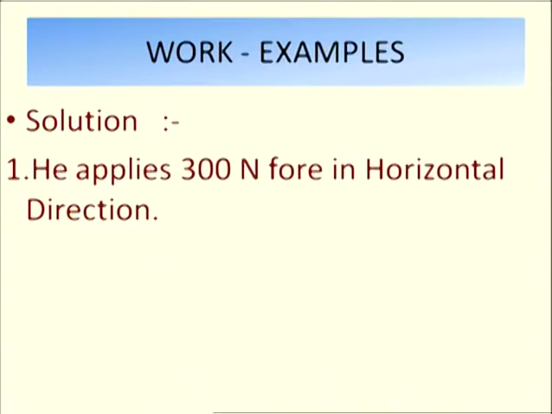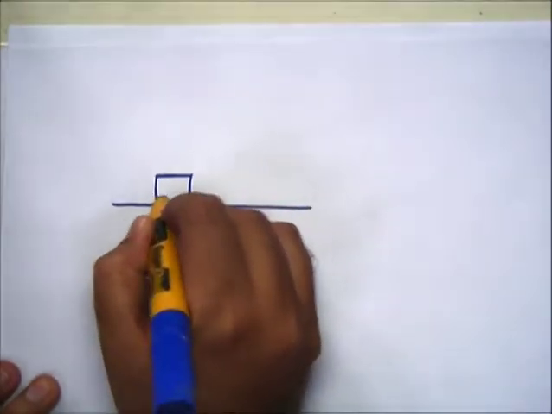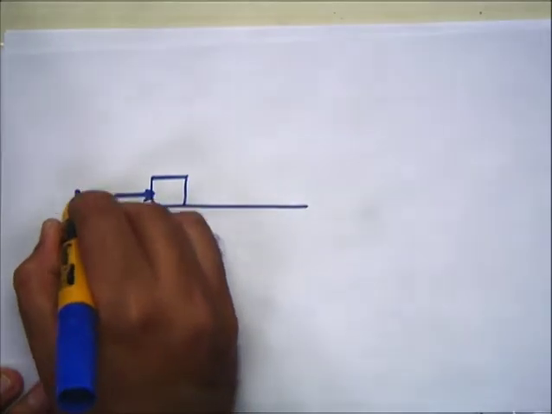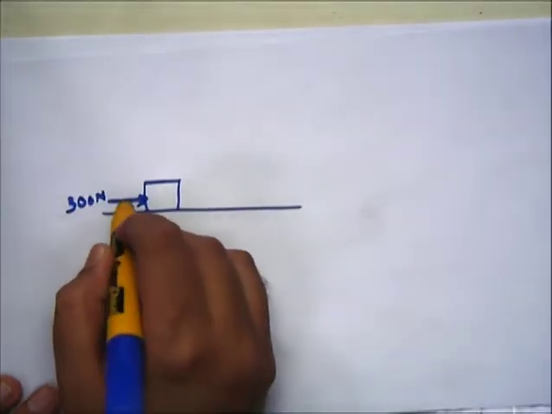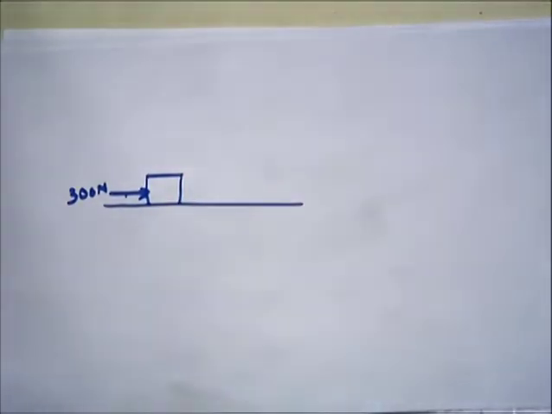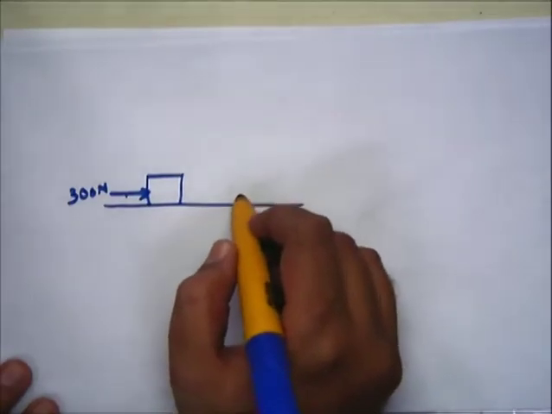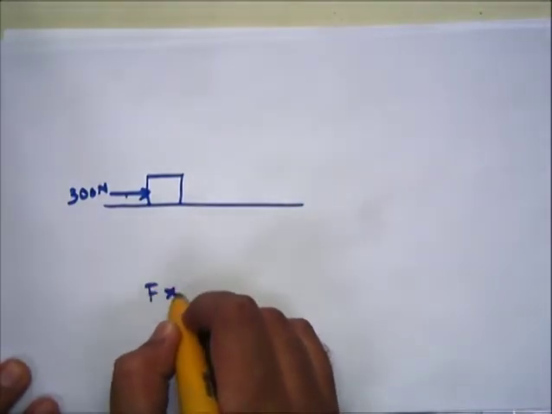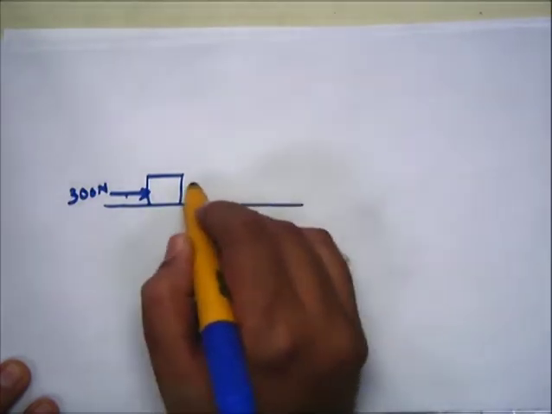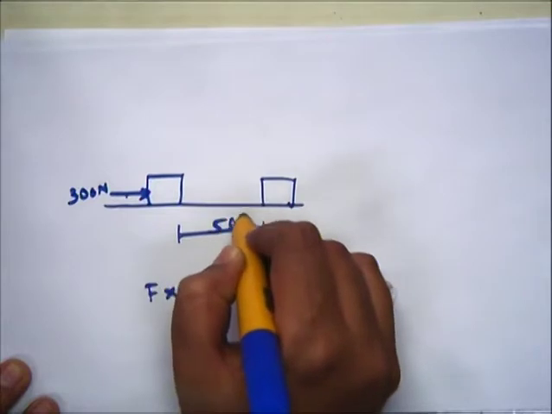The first case: he applies 300 Newton horizontally. So work done is F into S, as the trolley moves a distance of 50 meters.